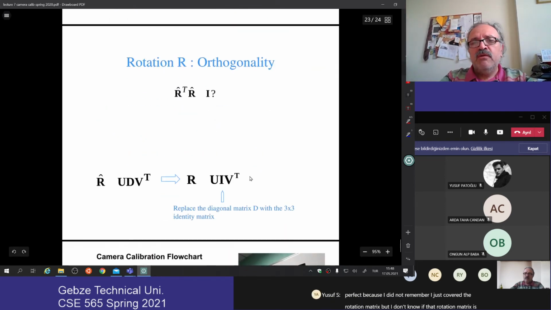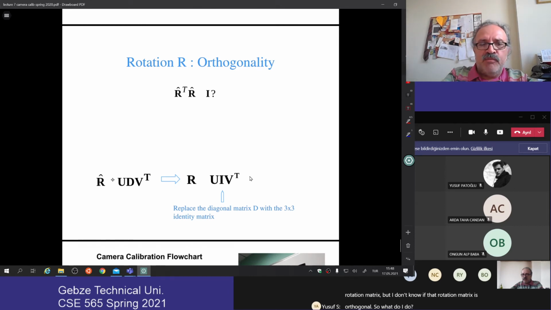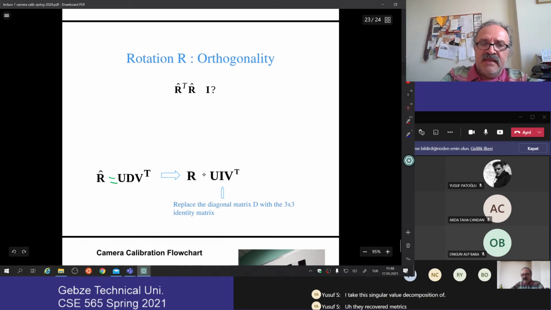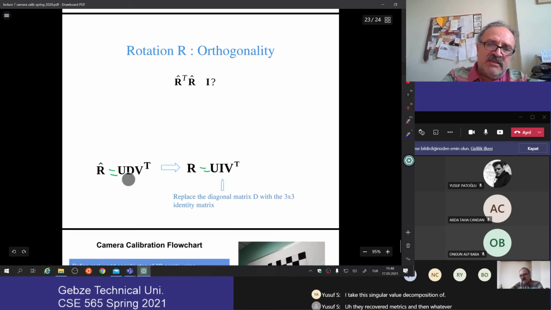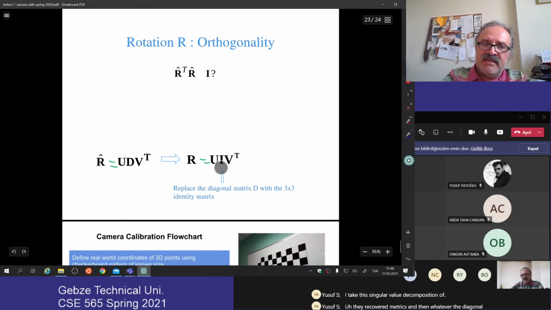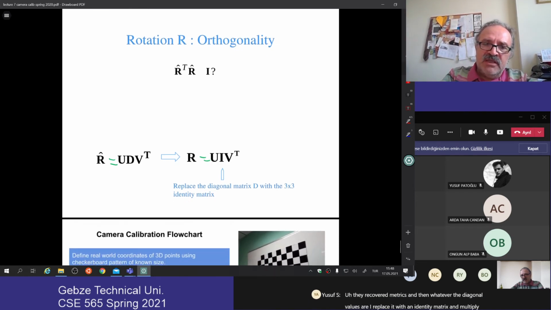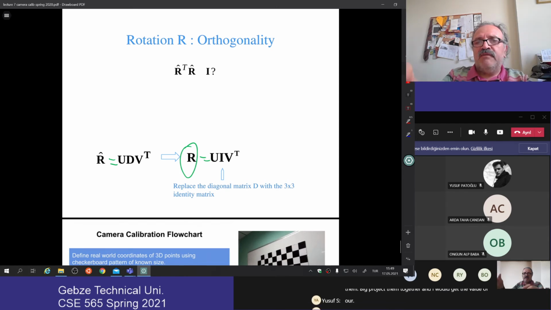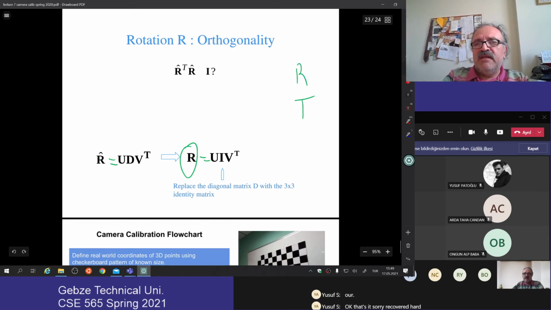So what do I do? I take the singular value decomposition of the recovered matrix, and then whatever the diagonal values are, I replace them with an identity matrix and multiply them back together, and I would get the value of R. Okay, that's it. So we recovered R, we recovered T, I recovered alpha, beta, theta, U0 and V0.